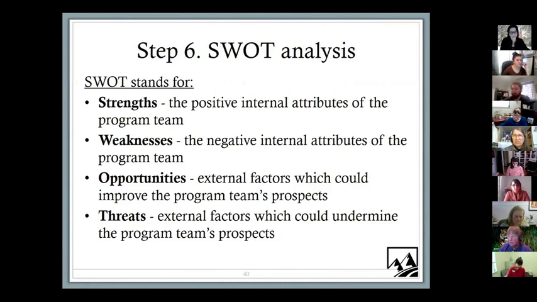And I think it's a really useful way of thinking through and highlighting some of the things that Marilyn just talked about, and Josh and other people who chimed in from the groups. When you think about strengths, positive internal attributes; weaknesses, negative internal attributes on the team; opportunities, external factors that could improve the program team's prospects; and then threats, external factors that could undermine the program team's prospects.